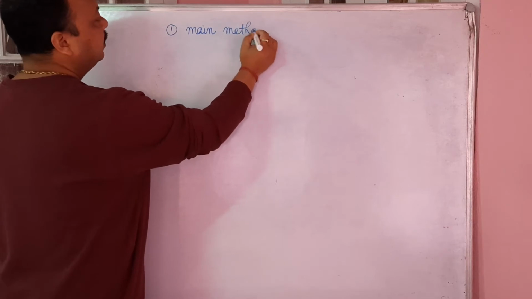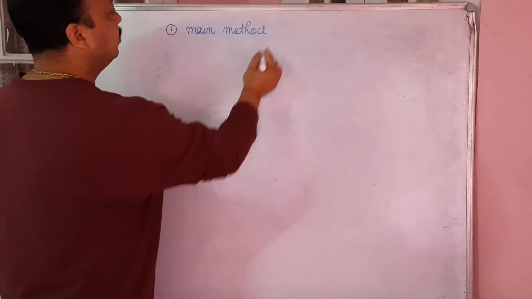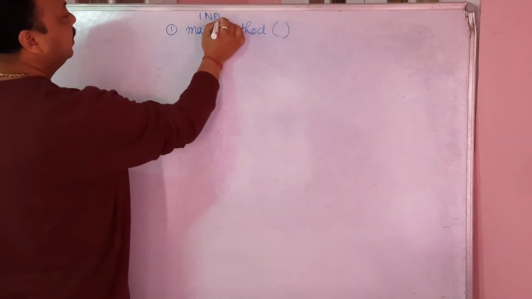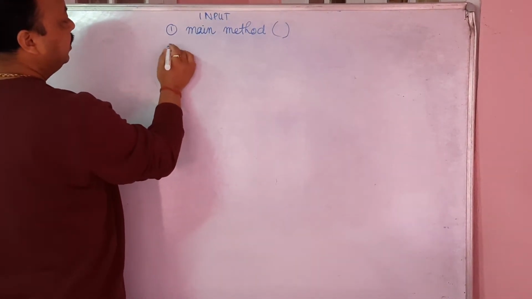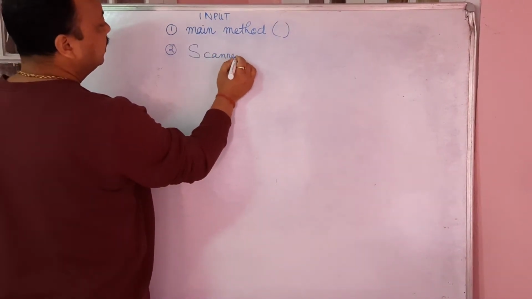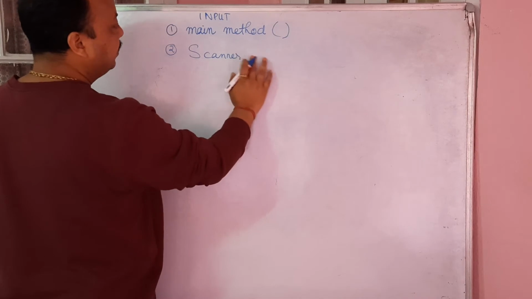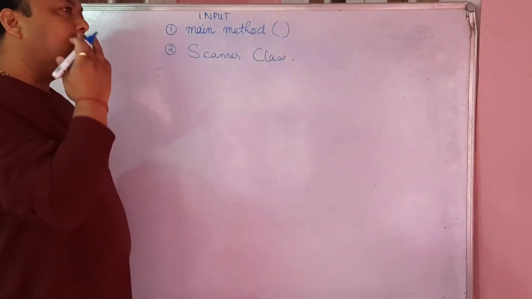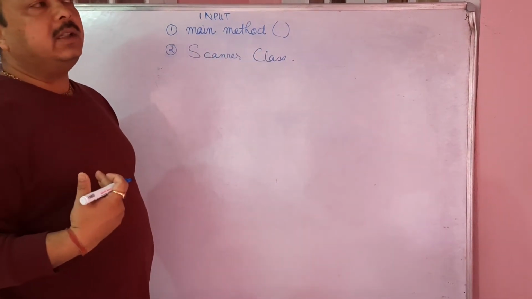So you can note, you can pause and write also. Input can be performed using the main method. Number two, input can be performed using the scanner class. Remember that scanner class is part of the ICSE syllabus. So you can use scanner class for interactive user input output.